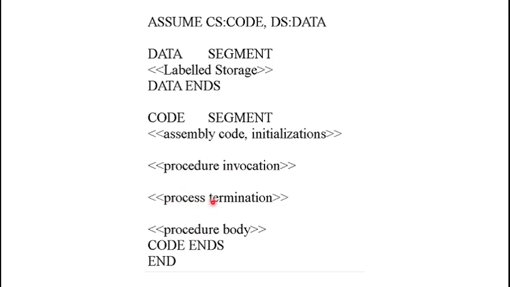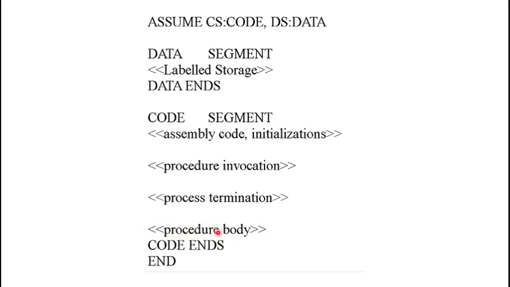So after invocation, either a branch or a process termination should be taken so that the procedure body is skipped. The procedure body should only be entered from this call part. It should not be a free flow after the call. After the call, either there is process termination or there should be provision to directly enter this code, not the procedure body. This is a critical area which we need to take care of.